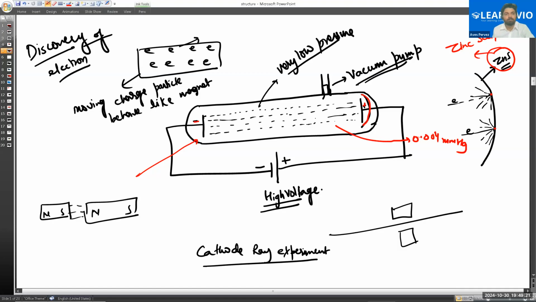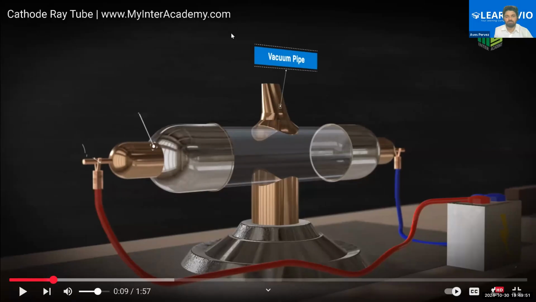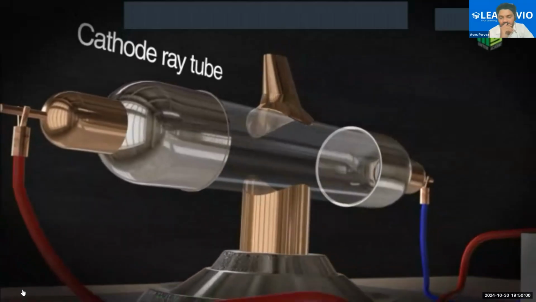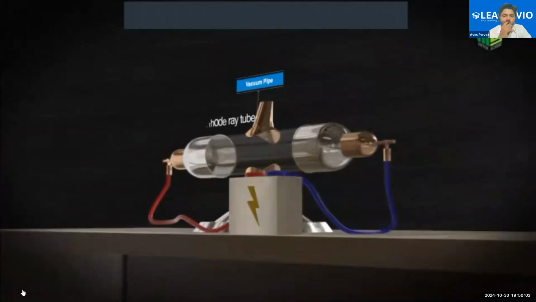Cathode ray experiment. Okay, this was the cathode ray experiment. Cathode rays are produced in a discharge tube. A vacuum pump is used to evacuate the discharge tube.